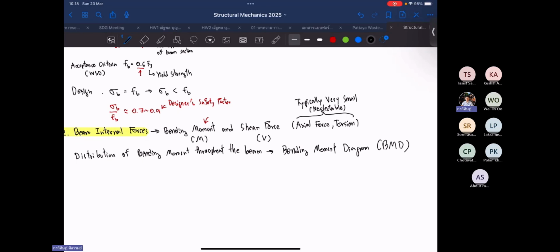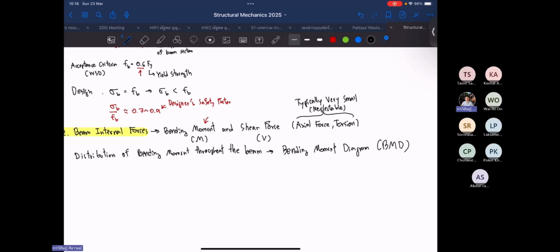And for the design, we do not design at a particular point. We typically select the maximum one, and we design the uniform section throughout the beam, as it is convenient for the construction. But sure, you can use a non-uniform section for a beam, because in the beam the bending moment distribution is not uniform.